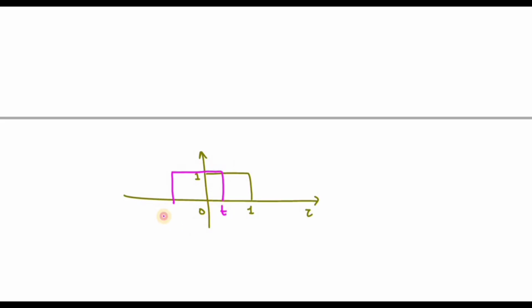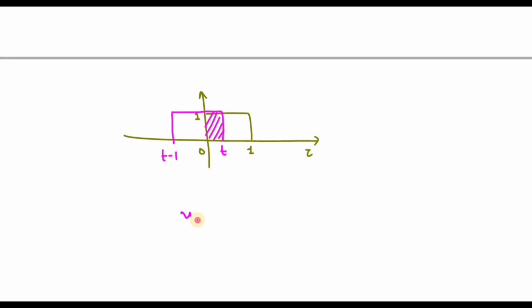Suppose there is an intersection with this one. To find the y of t, the intersection is from 0 to t. The amplitude of x of tau is 1 and h of t minus tau is 1. This is multiplication, so the integrand is 1, d tau. If I solve, I will get tau from 0 to t. If I substitute, I will get the answer as t.